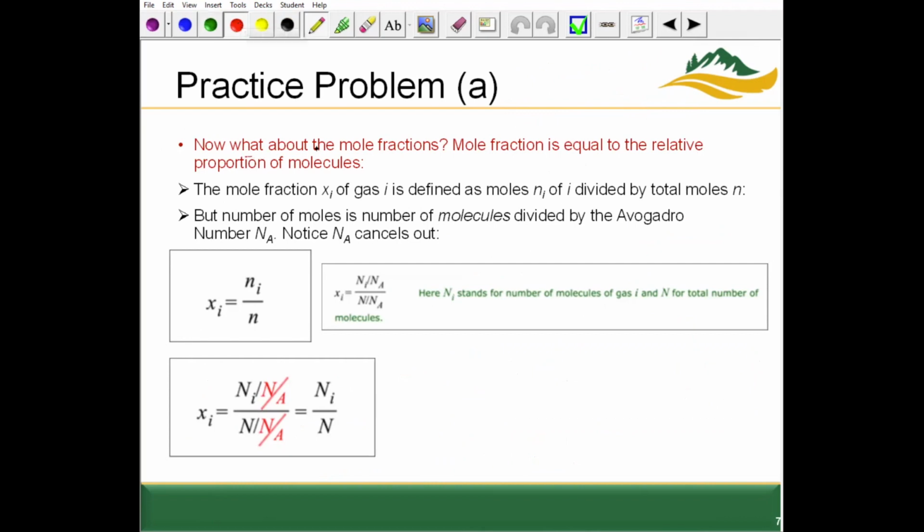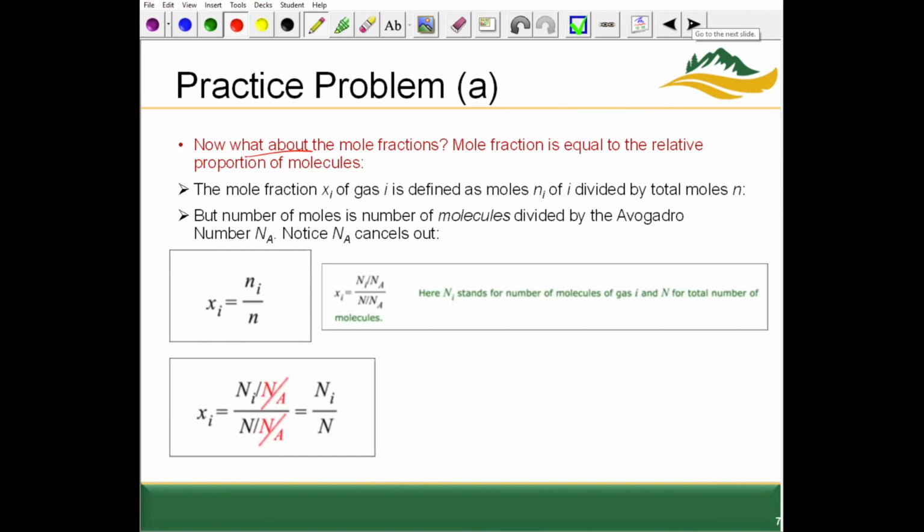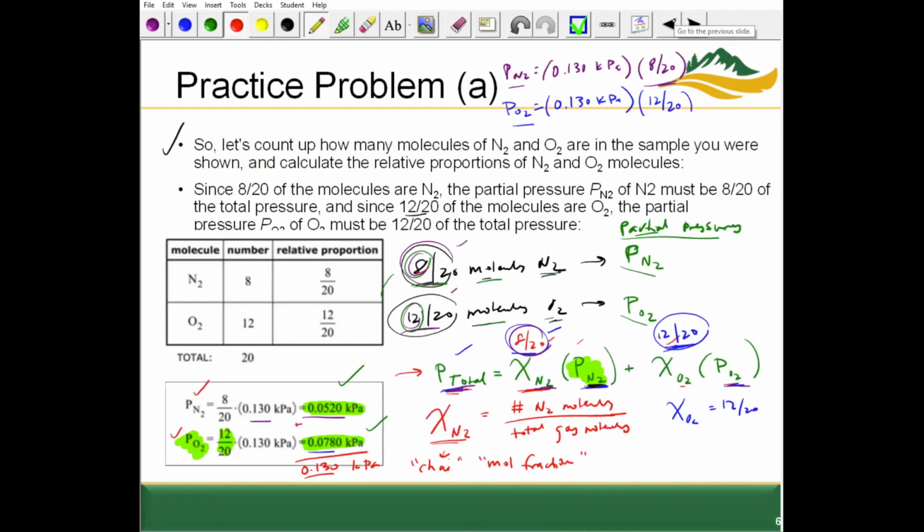Now I introduced this concept of mole fraction here on this last slide. The mole fraction is equal to the relative proportions of the molecules, right? For nitrogen, the mole fraction was 8 out of 20. There are 8 N2 molecules out of the 20 gas molecules total.